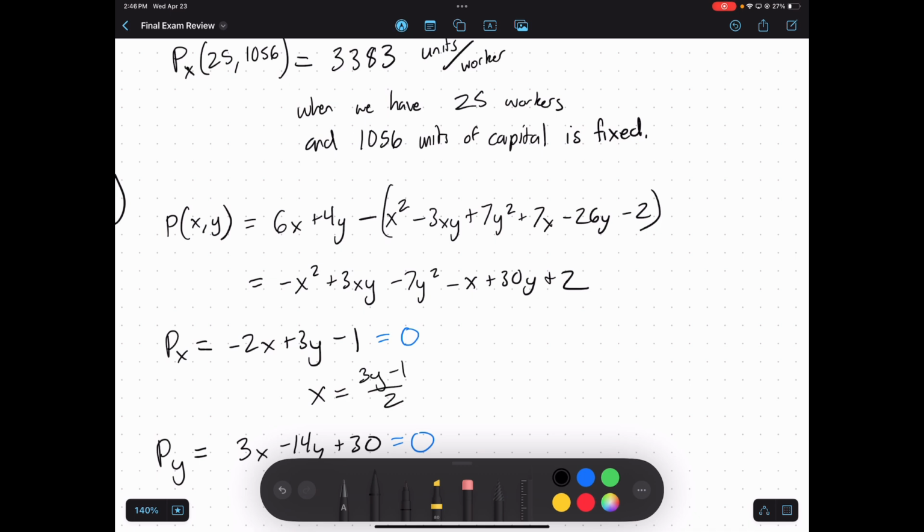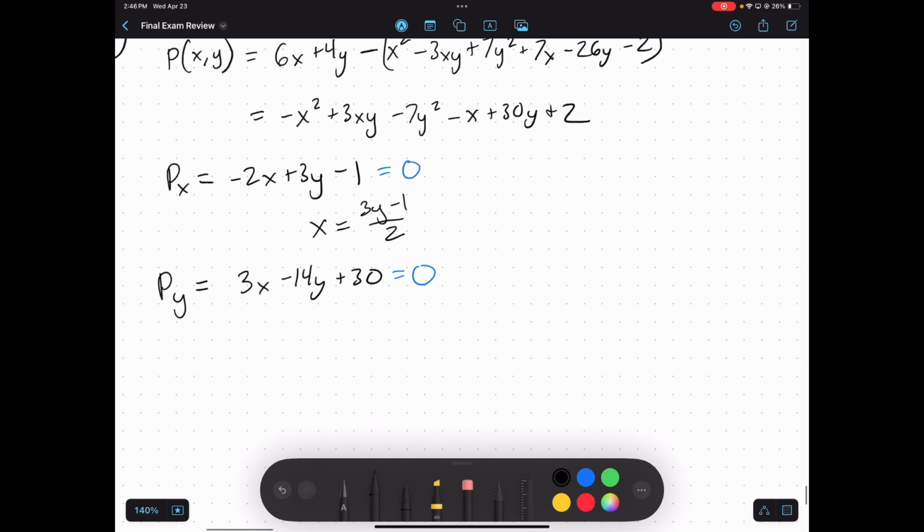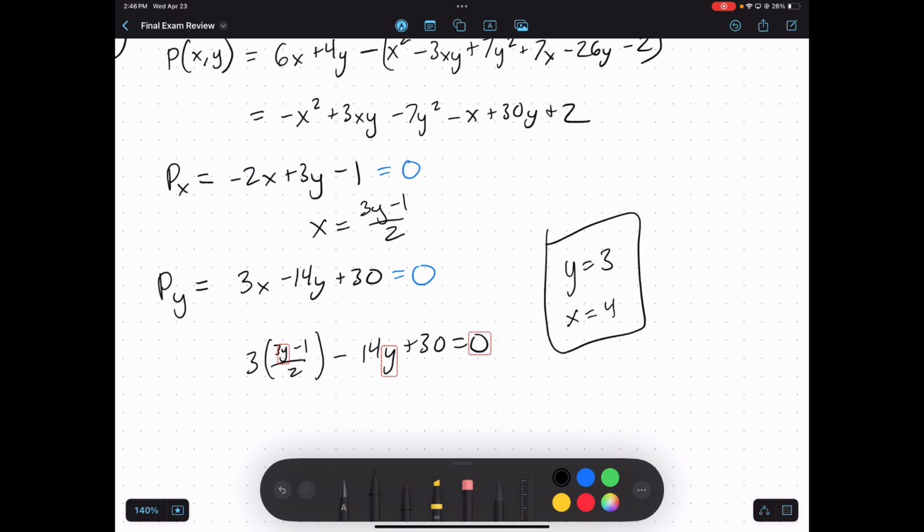That's just adding 2x to the other side and then dividing by 2. And then you can plug that into your other function and get 3 times (3y minus 1) over 2 minus 14y plus 30 equals 0. And you can solve and you'll get y equals 3. And so there's your optimal production in order to maximize your profit.